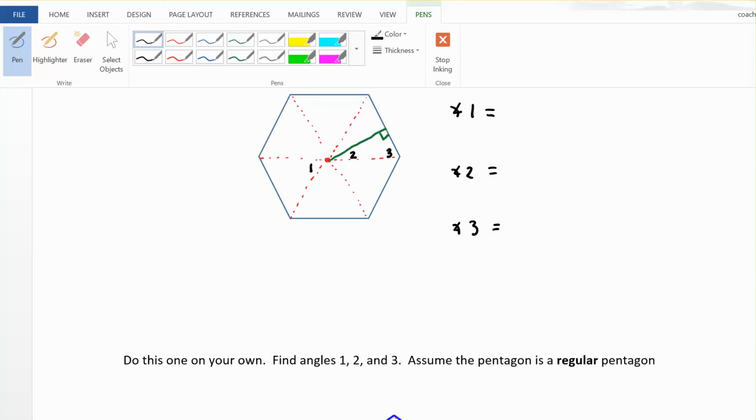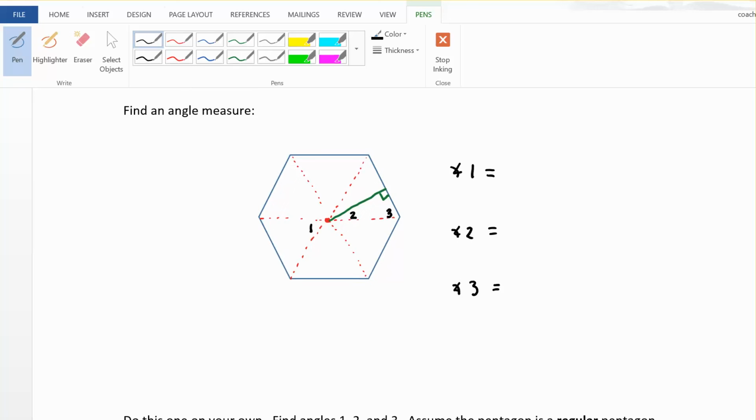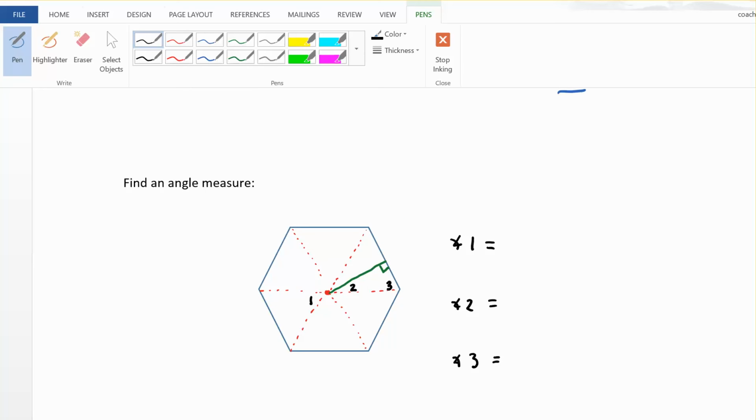Okay, then let's jump here where we're going to find angle measures. We have a 6-sided figure, a hexagon, and we want to find angle 1, angle 2, and angle 3. Well, let's find angle 1 first.